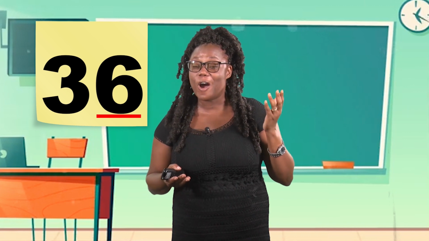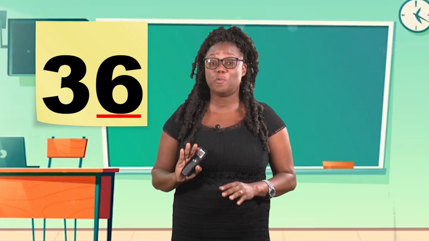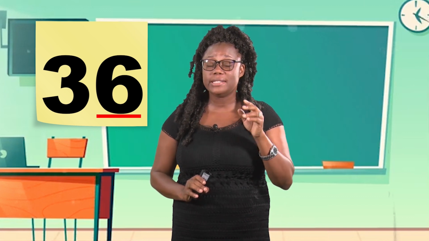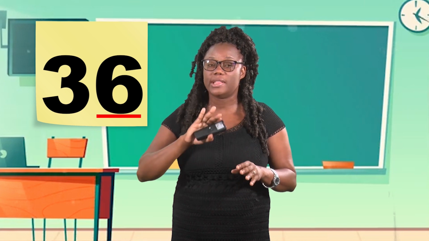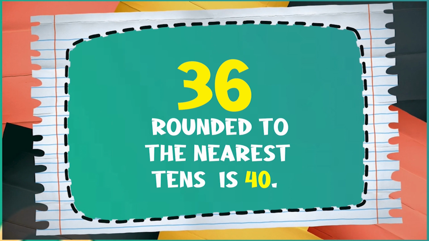Is 6 more than 5, or is 6 less than 5? 6 is more than 5, so we round up. So to round up, we add 1 to the place value and change all the other numbers after it to 0. So 36 rounded to the nearest tens becomes 40 because we added 1 to 3 and got 4, and we changed the 6 that came after the place value to 0.